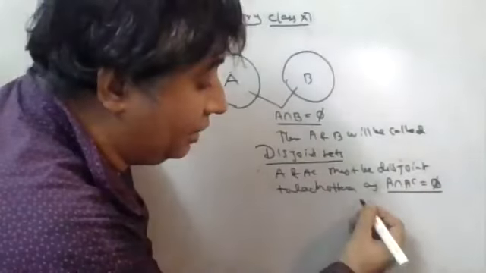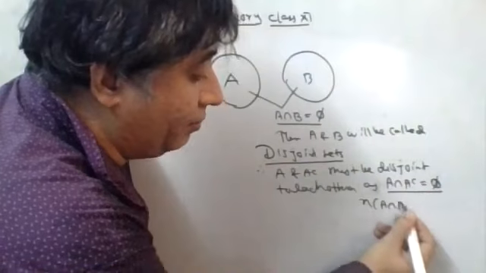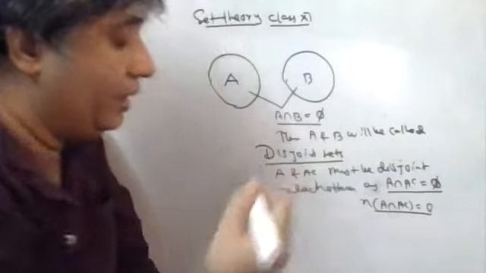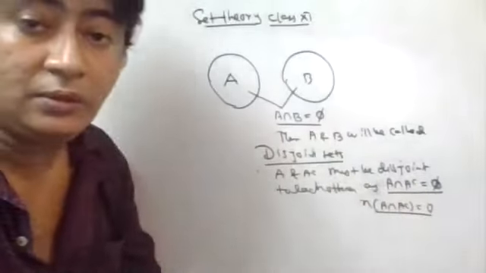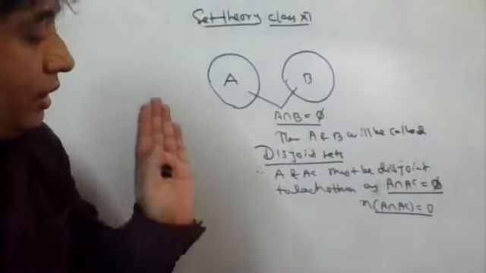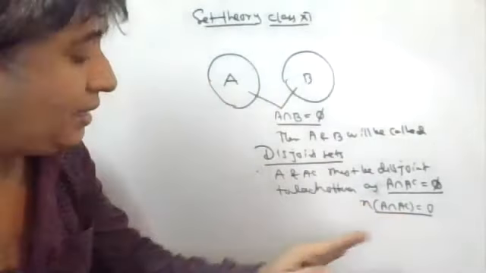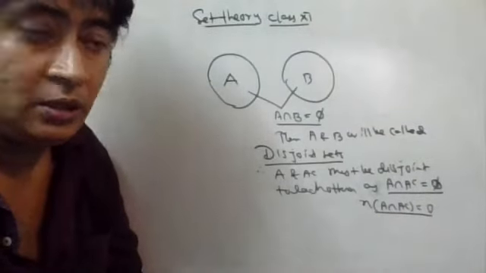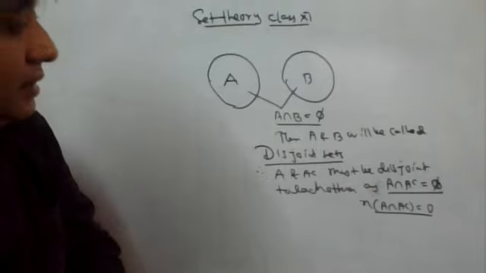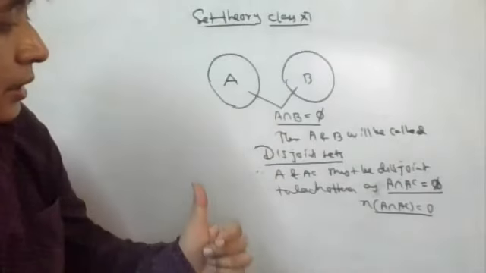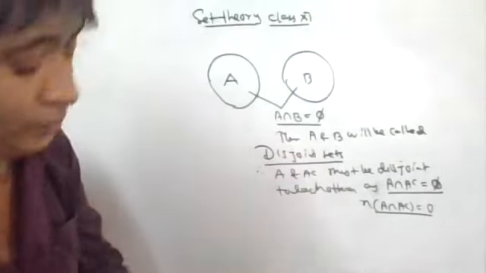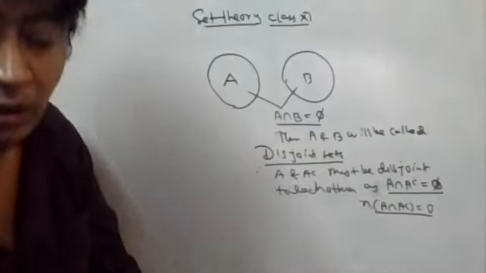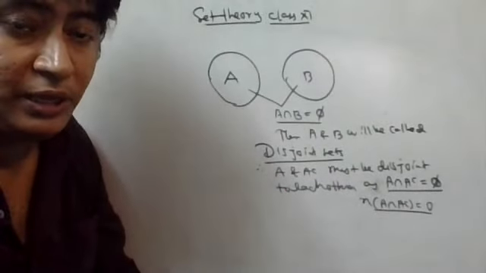And obviously, as we have taught earlier, because they do not have any element between them. Okay, so a set and its complement are disjoint to each other. So this is the condition of disjointness of two sets. Hope you understood. I'm going to skip to the next part again.